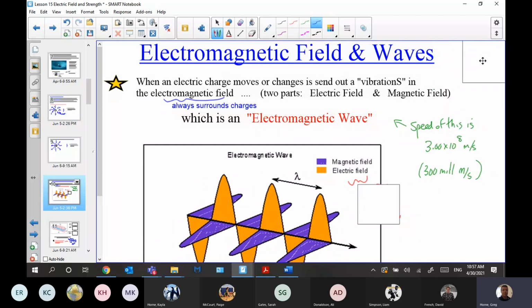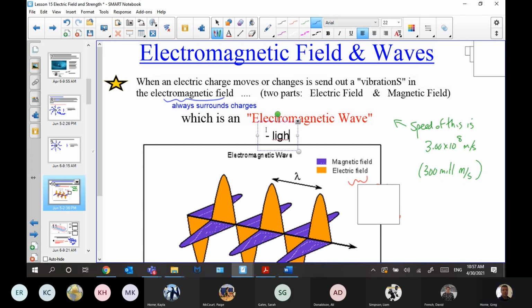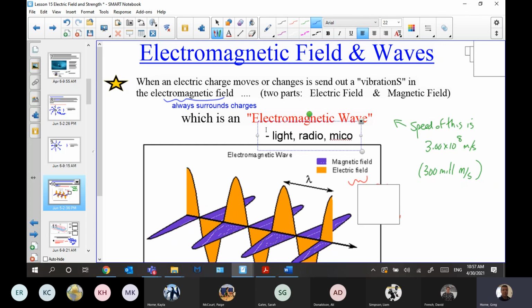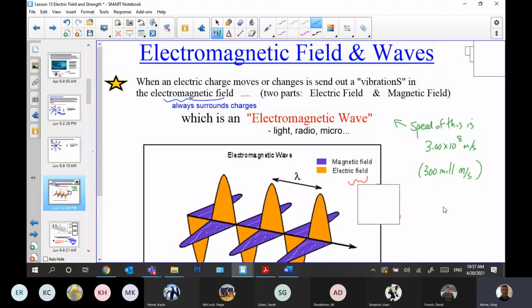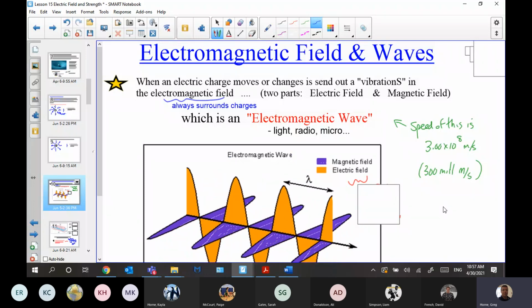The speed of an electromagnetic wave is the speed of light. So we're talking about light, radio waves, microwaves, all of those parts of the electromagnetic spectrum that we've looked at previously in grade 10 science, primarily.